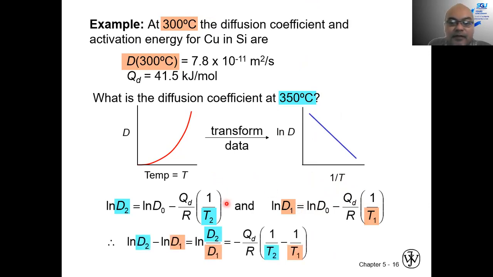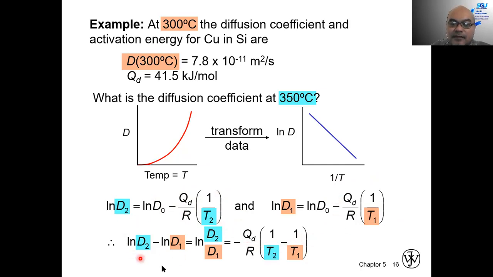From here, we can calculate D2 by subtracting ln D1 from ln D2. ln D2 minus ln D1 equals minus QD over R times 1 over T2 minus 1 over T1.